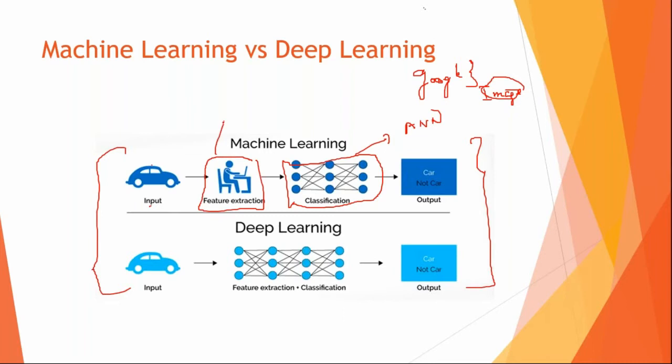His job is to extract features. This is what you call handcrafted features, which means you design the features which best represent the object. If the features are good, the accuracy of the system improves. If the features are bad, the accuracy of the system falls off.